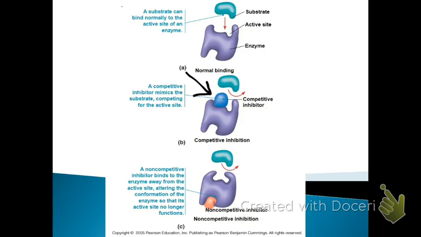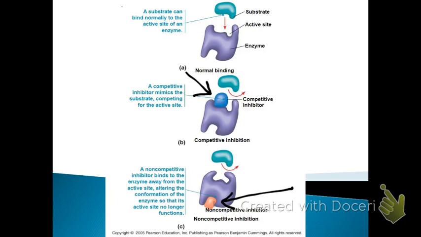Okay? There are also things called non-competitive inhibitors. And that is what is pictured right here. They will attach to another place on the enzyme called the allosteric site. Now on your enzyme, if you'll notice, somewhere there is an opening on the opposite side. Y'all see that? Okay.